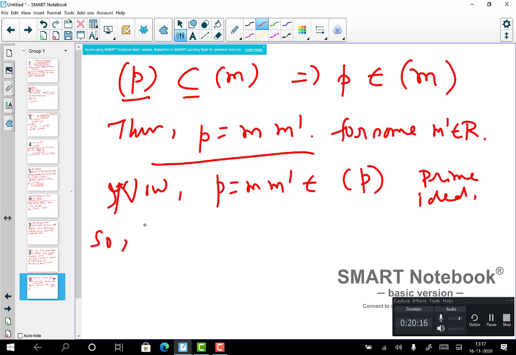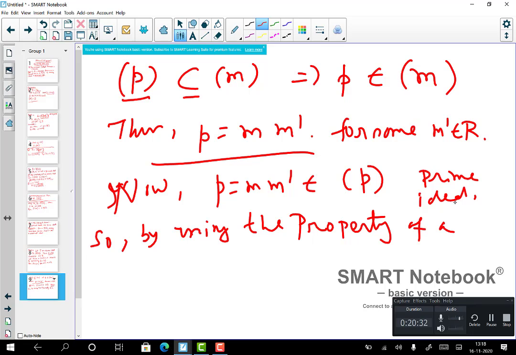So by using the property of prime ideal, if the product of two elements belongs to a prime ideal, then at least one has to belong to the prime ideal, right?